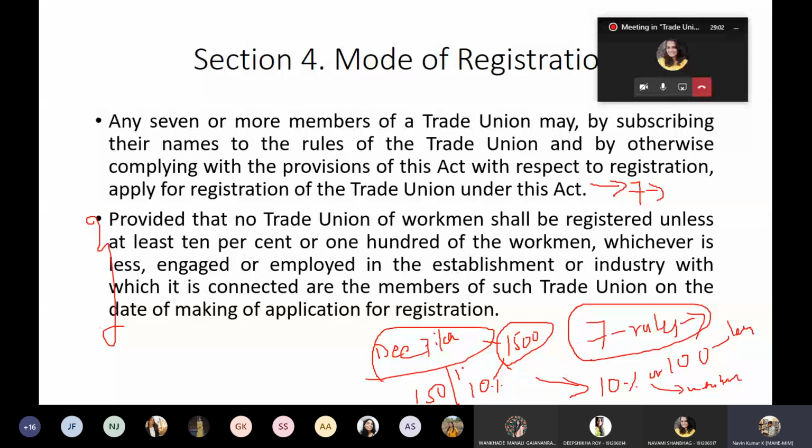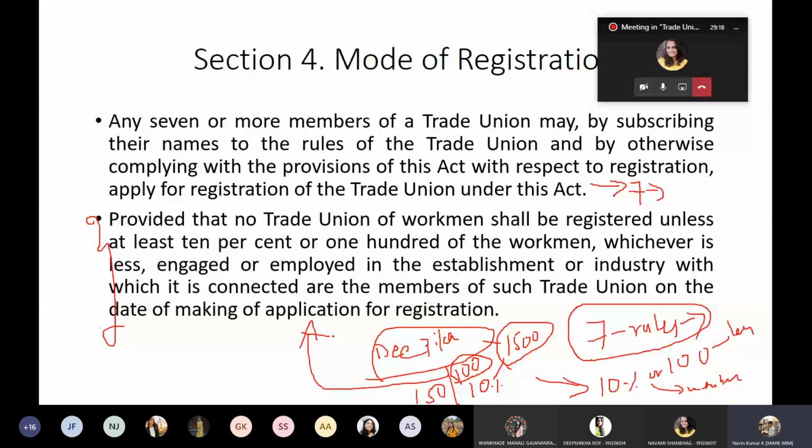Which is less here? 100 is less. So at least 100 members must be members of the union.